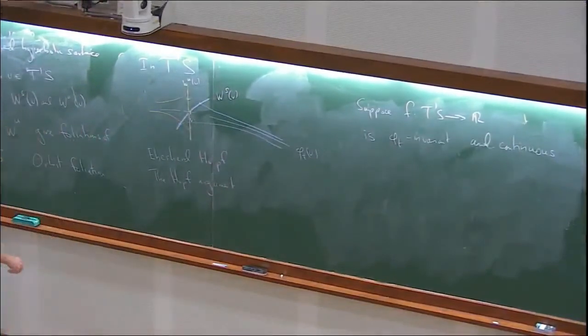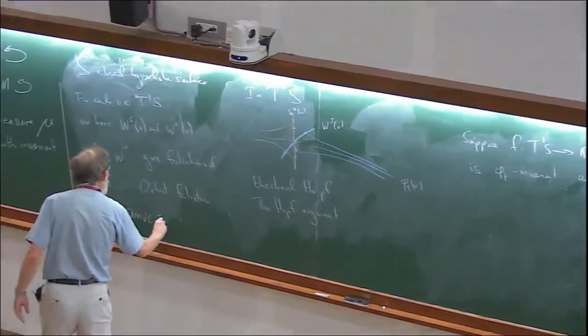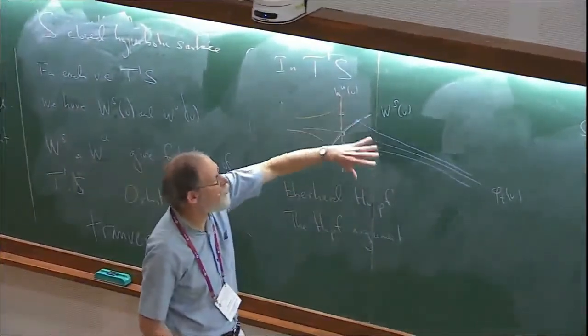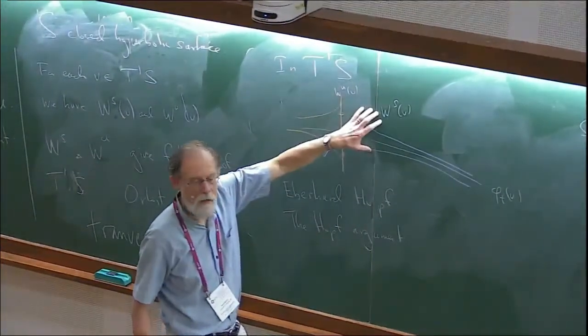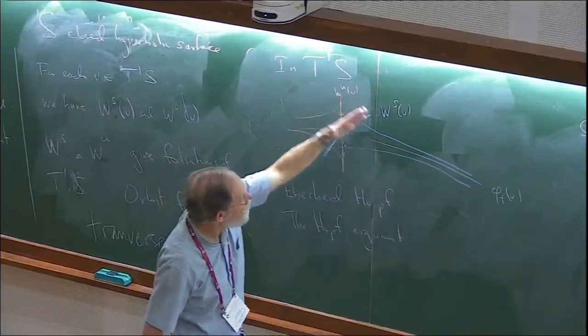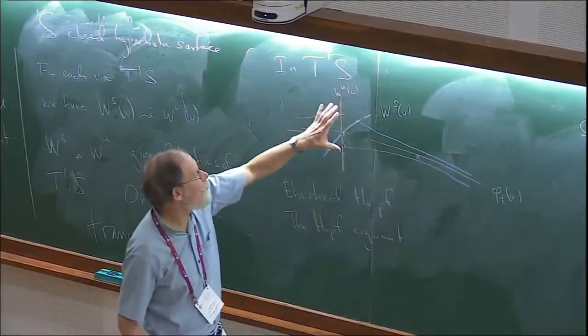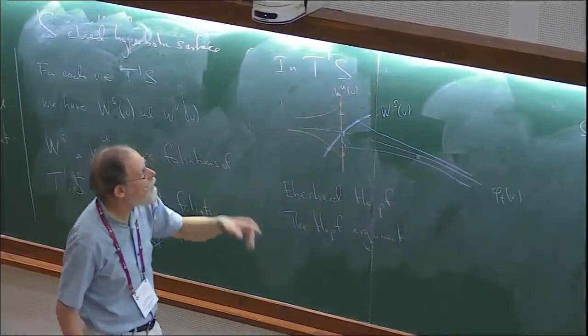I think I forgot to say that these foliations are transverse to one another. And it's also true that flow and stable fit together nicely to give a combination of flow and stable, and the same with unstable and flow.